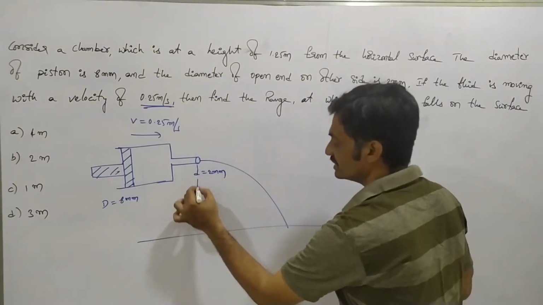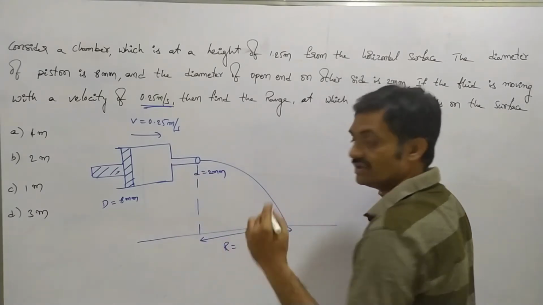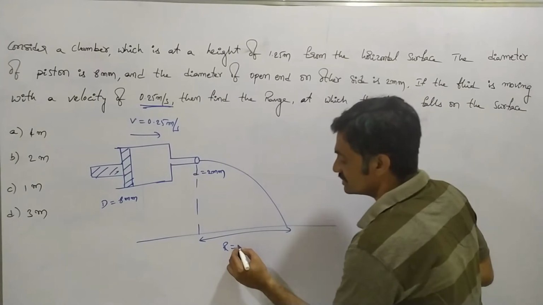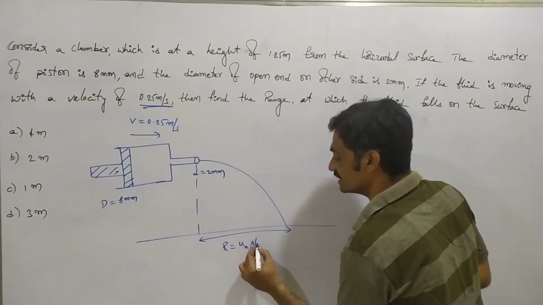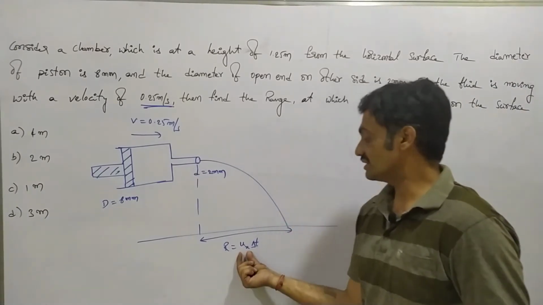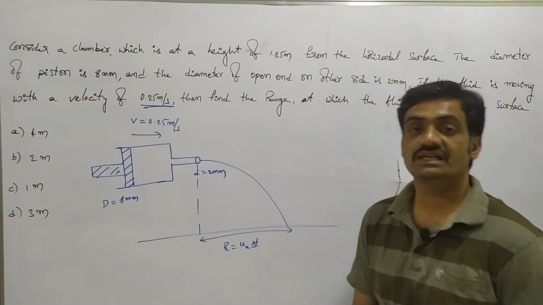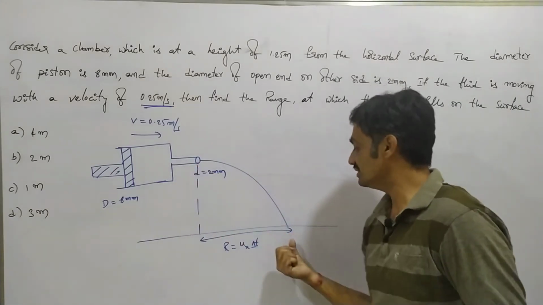From this position to this position we have to represent the range, where we know that range is equal to u suffix x into delta t. We have to represent horizontal velocity as well as the time taken by the fluid to flow from this end to here.